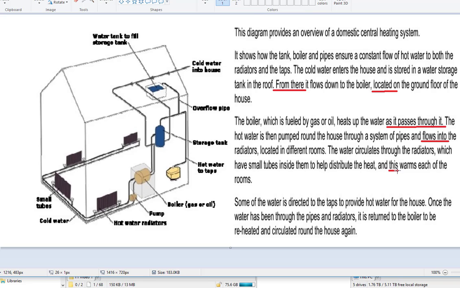If you have some reference in here, this warms each of the rooms. Oh, here, then, because it's different stages of the process. Once it's very well written.